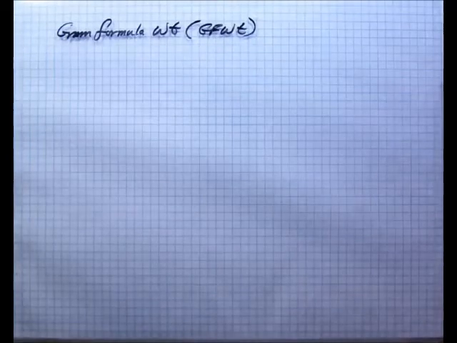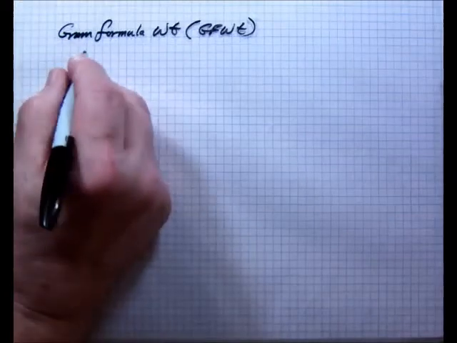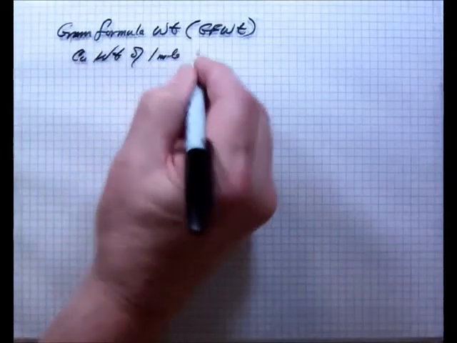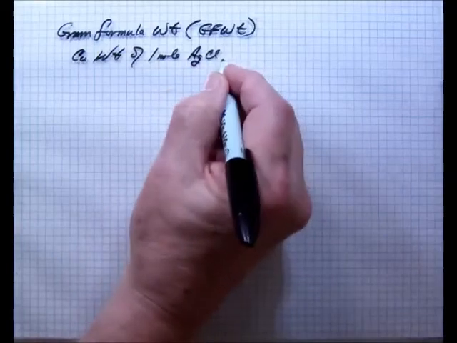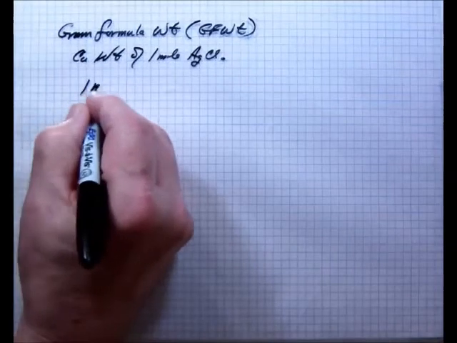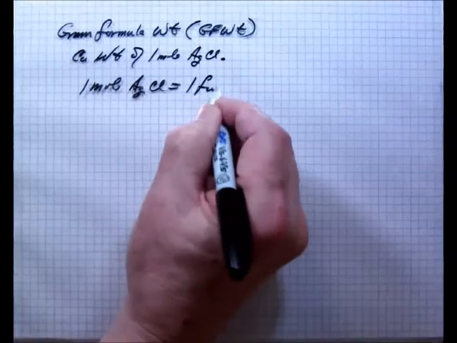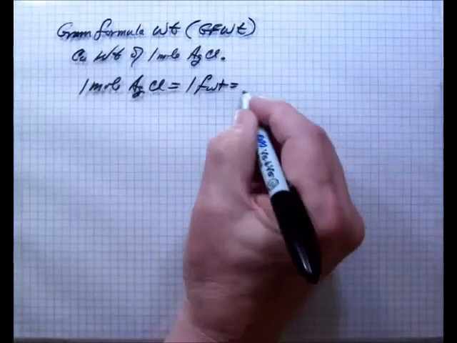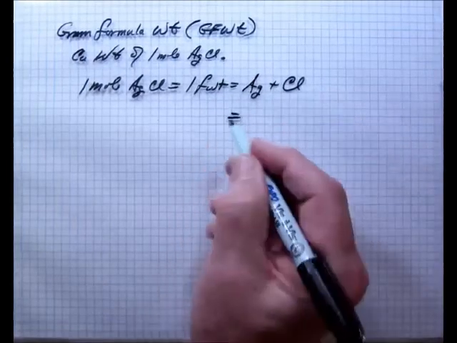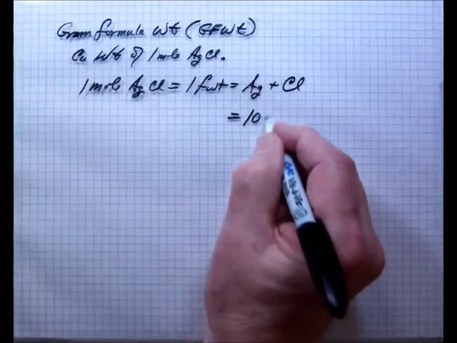So if we're asked to calculate the weight of 1 mole of silver chloride, it would be the formula weight. So 1 mole of silver chloride is equal to 1 formula weight, which is equal to the sum of the elements, which in this particular case is 107 or 108. Let's do 108.